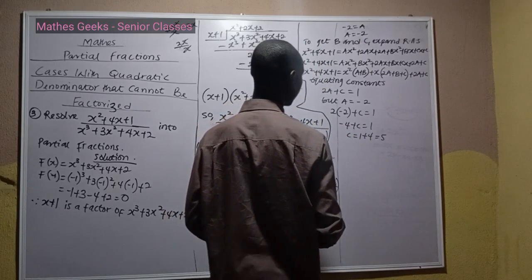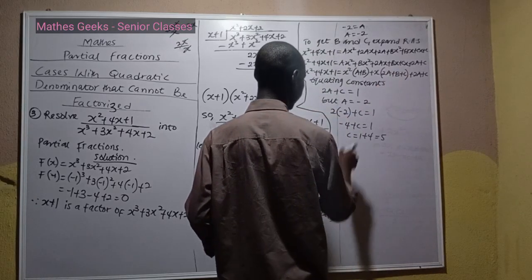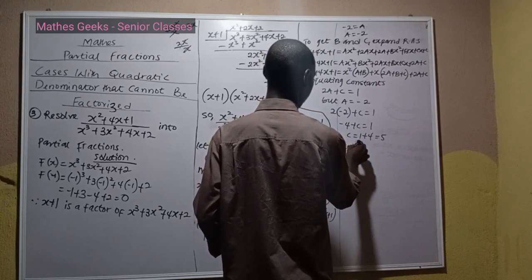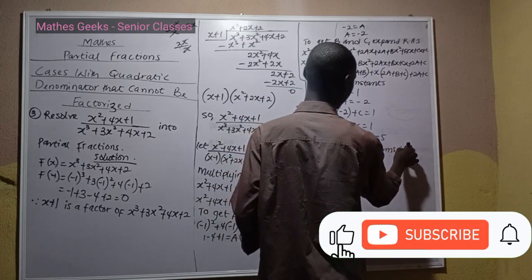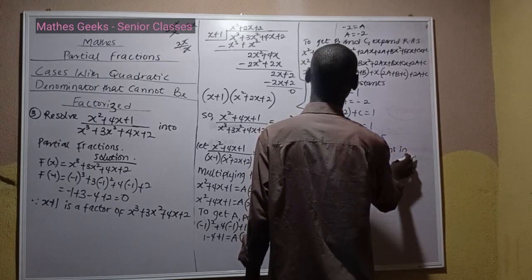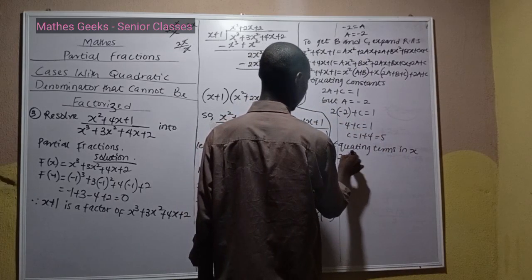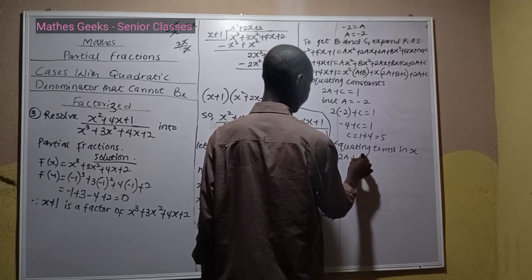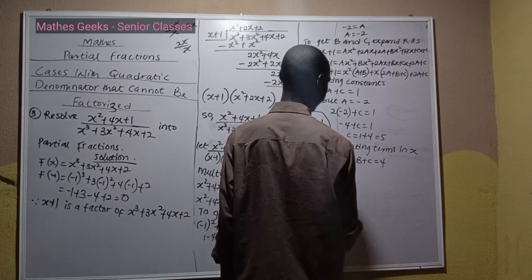Then next is b. We equate terms in x. I have 2a plus b plus c is equal to 4.